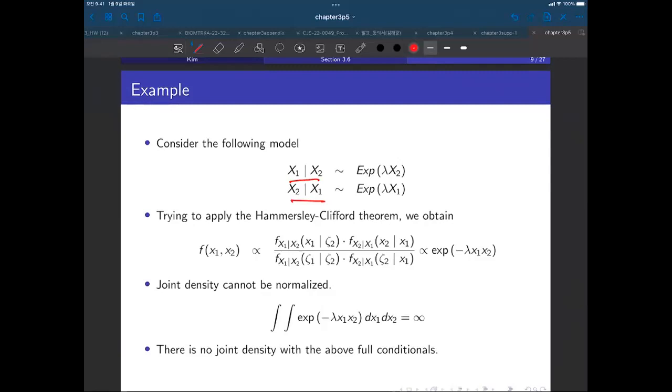So the density here is what? The density function is lambda x2, but you have psi 2 x1.